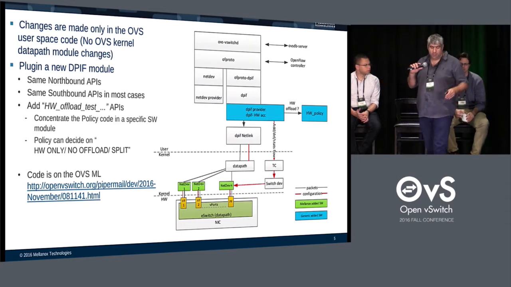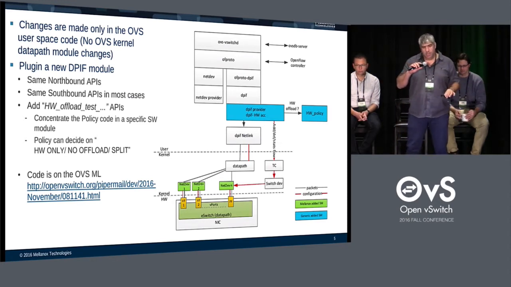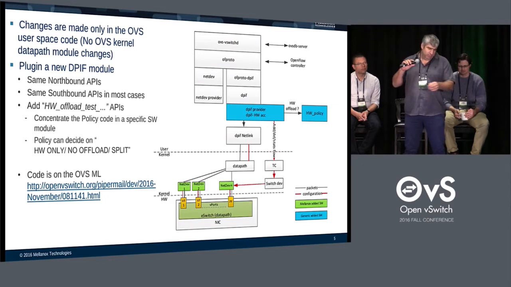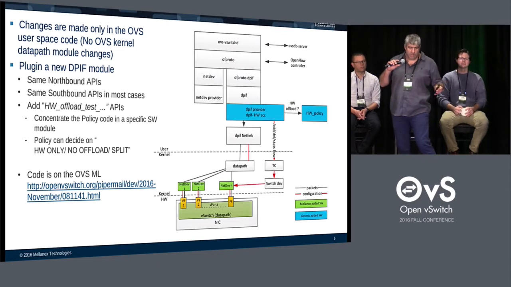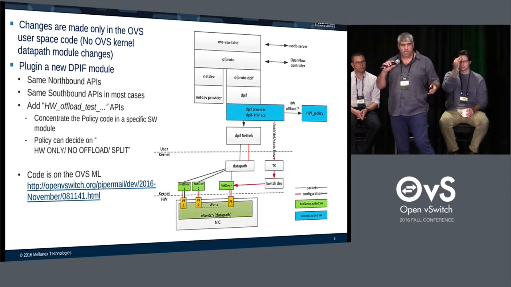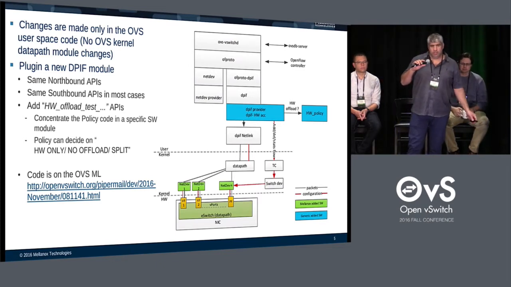And for every flow that goes down inside ovs-vswitchd, which was in the beginning supposed to go to the kernel, we just ask the policy: do we want to take it to the hardware? If so, it goes through the TC on the right side, and we take it down to the kernel.